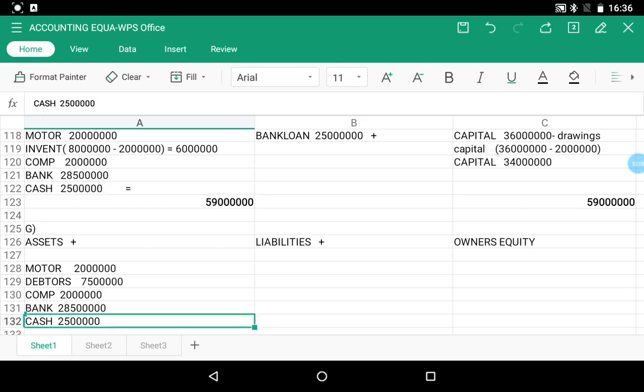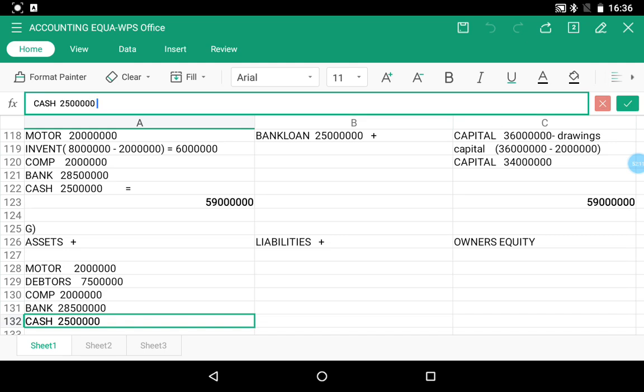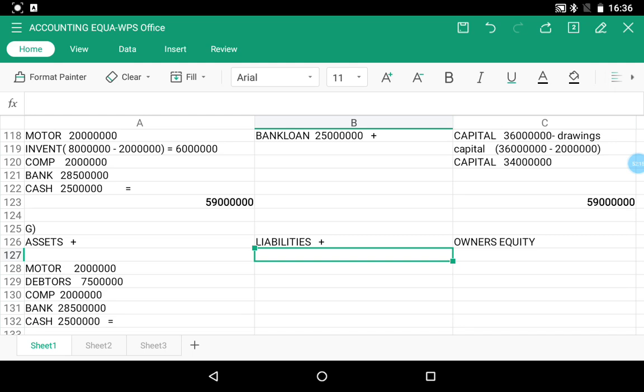And we don't have any other assets. So it is equal. When you come to liabilities, we still have our bank loan worth 25 million.